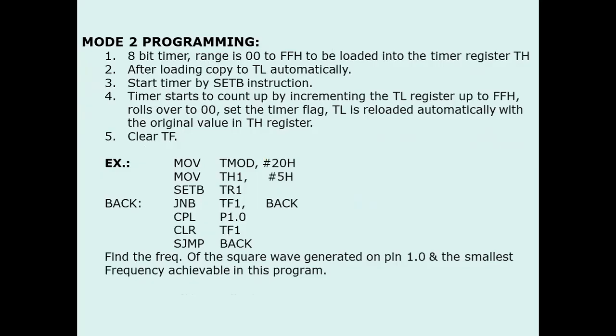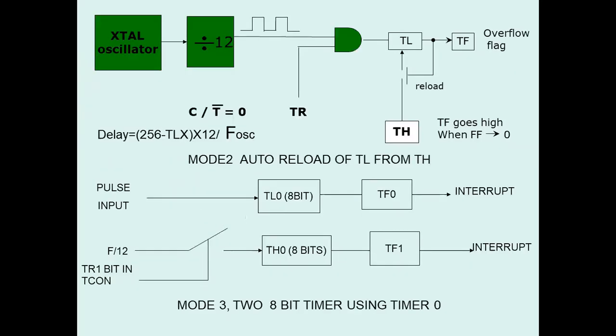Just go back to this one. You can see in mode 2, if this bit is 0, then it will not be there. If this bit is 1, then output will be there, just like this.